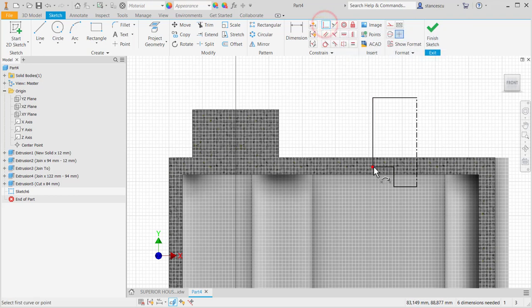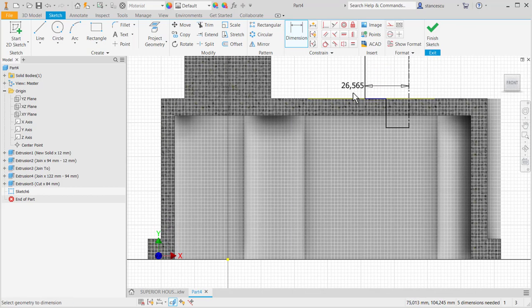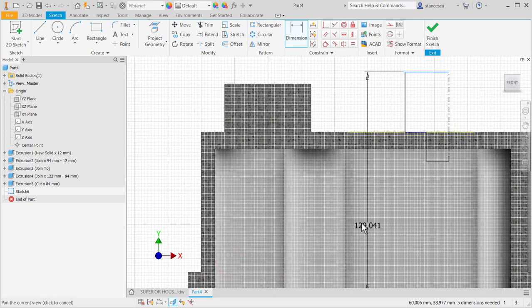This point must be on this face, and dimensions are, oh, I can measure from the center point of the part.